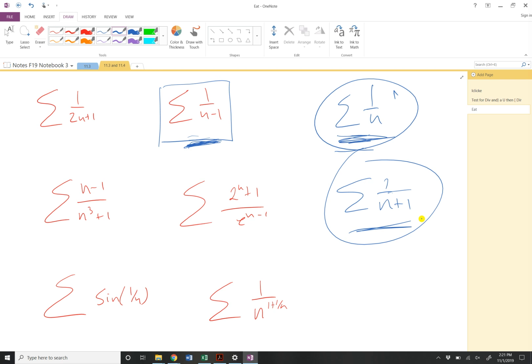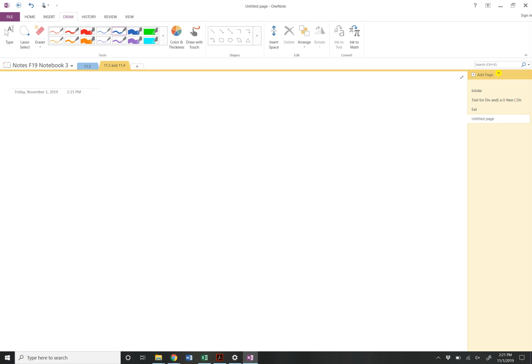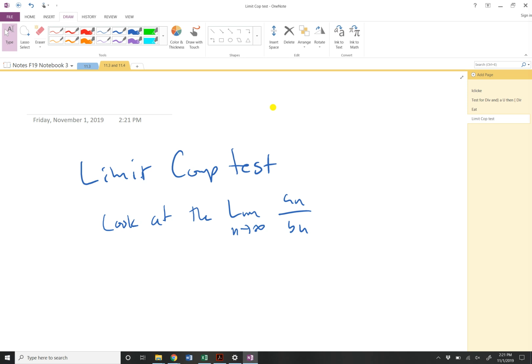This is where the limit comparison test comes in. So we'll do this one quick example, and then I'll turn you loose on the rest of those 6. So the limit comparison test. You look at the limit of two terms as n goes to infinity. Look at the limit of the terms where you have your series, the series that you're trying to test, and a series you pick.